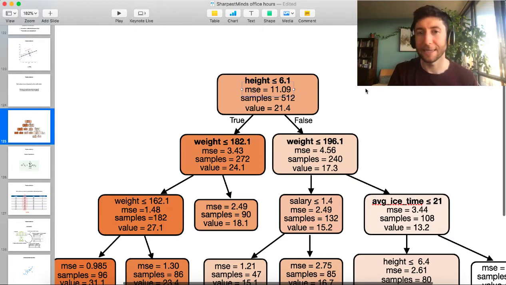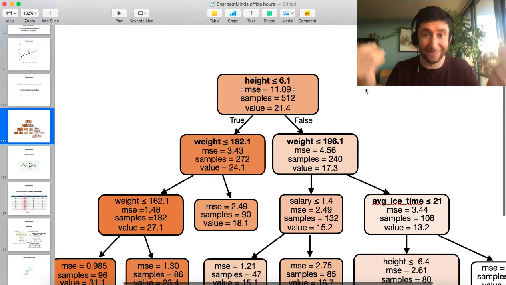Okay, so MSE is the mean squared error. So let's take a step back and think about mean squared error for a second. The mean squared error is the number that tells you how wrong on average your model was when you're doing regression. So say you have some kind of regression model, a model that can predict, let's say in this case, the number of goals scored by a given hockey player in a given season.